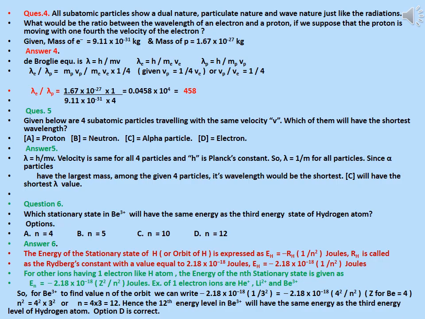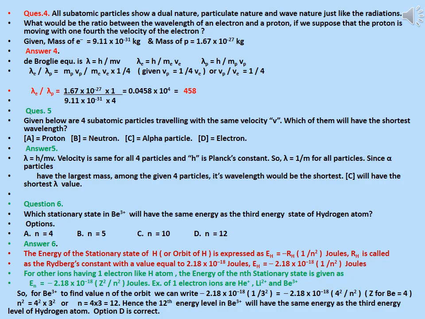How did we get 1 by 4? Because it is given that the velocity of proton is 1/4 the velocity of the electron. So therefore, Vp by Ve becomes equal to 1 by 4. Therefore, we get lambda E by lambda P is equal to 1.67 into 10 power minus 27 into 1 by 4, the whole thing, divided by 9.11 into 10 power minus 31.